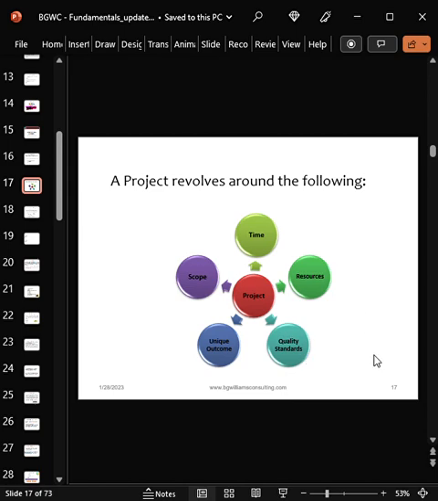So you can see that there are some basic things that revolve around our project. Whatever project you have embarked on in the past, even if it is a birthday project or a relocation project, or a housewarming project or building project or painting project, all these are different projects.